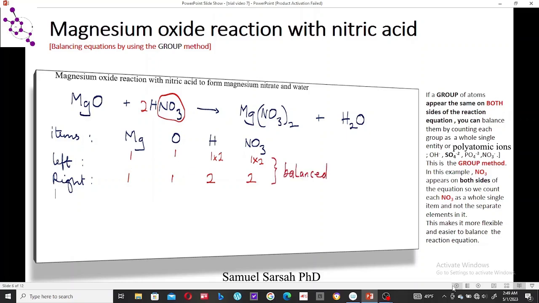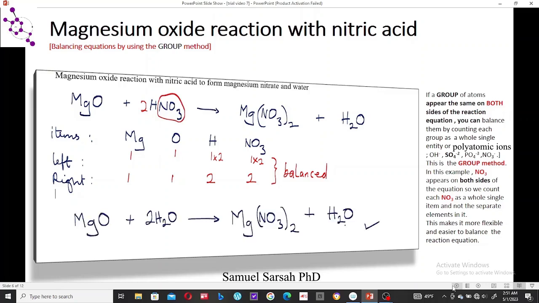So we can rewrite the equation again. That is, alright, so that's the balanced equation. Now you see that I was using the group method, and this way the group should appear on both the left and the right side.